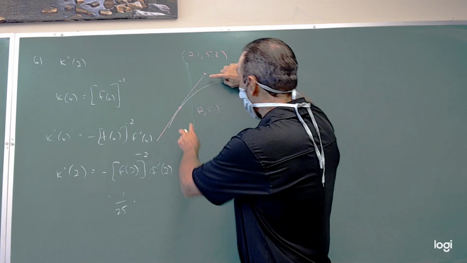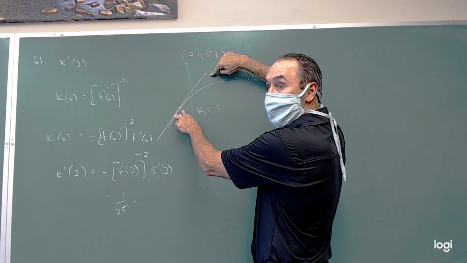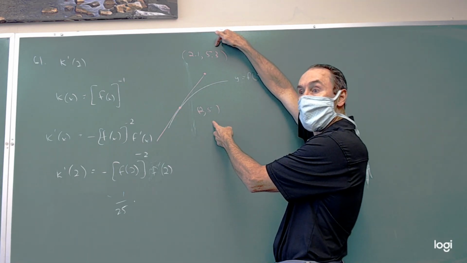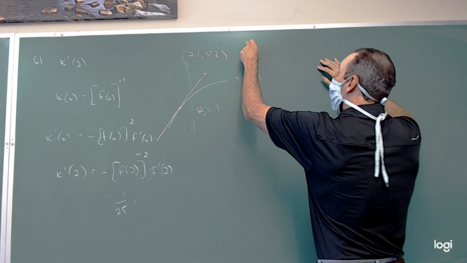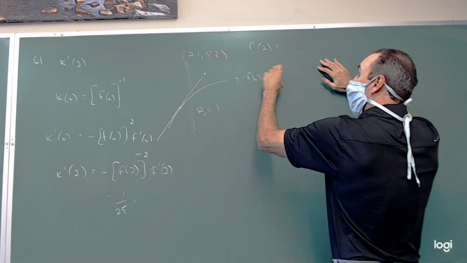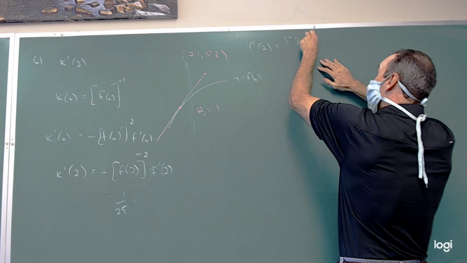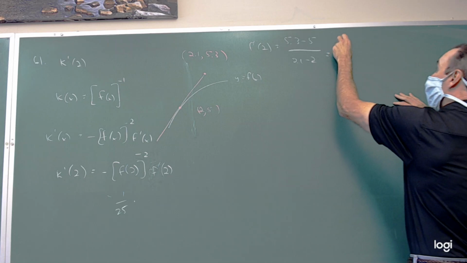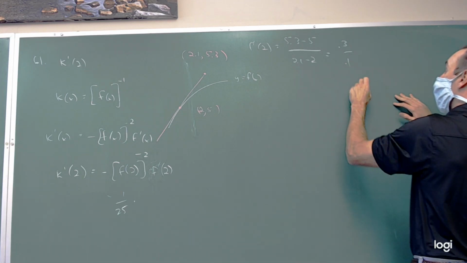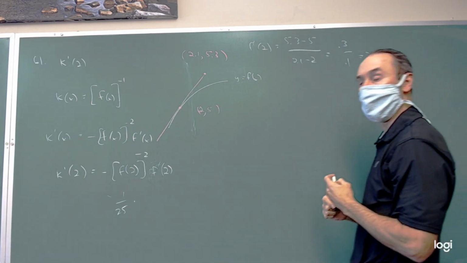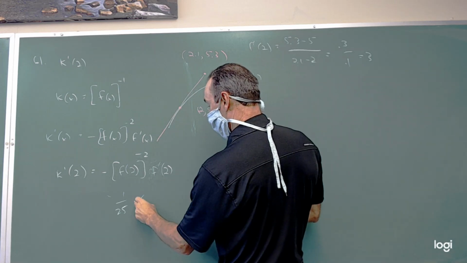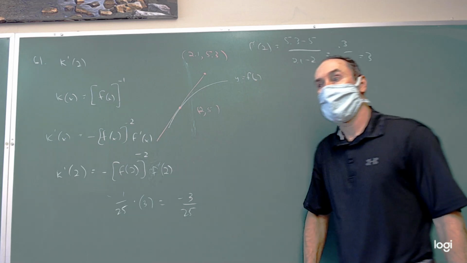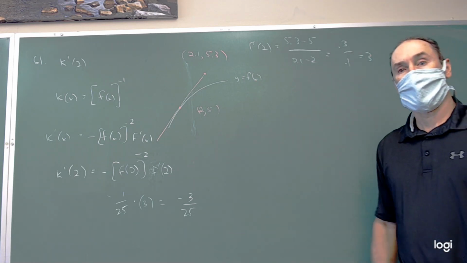Because we have 2 points on the tangent line, we can find the slope of the line between them, and that's going to be our f prime of 2. So f prime of 2 is going to be 5.3 minus 5 over 2.1 minus 2. That's going to be 0.3 over 0.1, which is going to be 3. And so that's going to be times 3. So we're going to have negative 3 over 25. A lot going on in that problem.